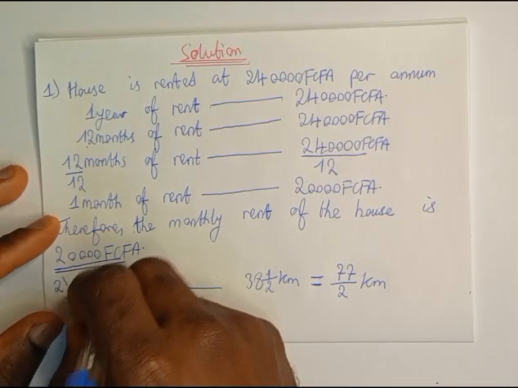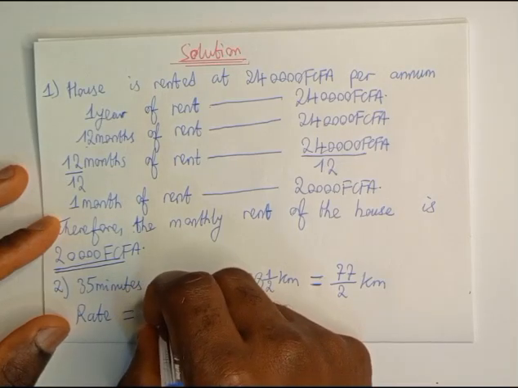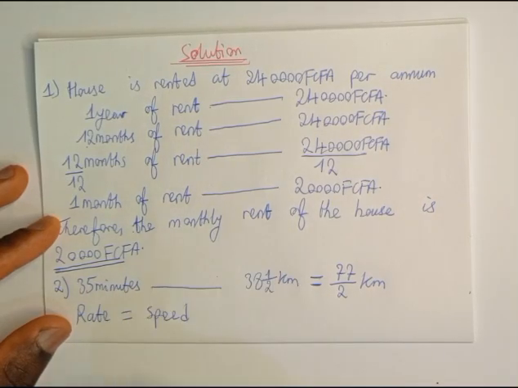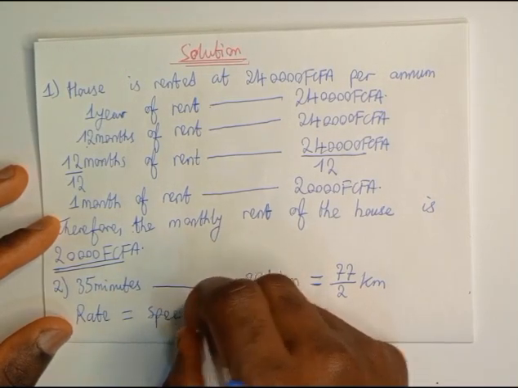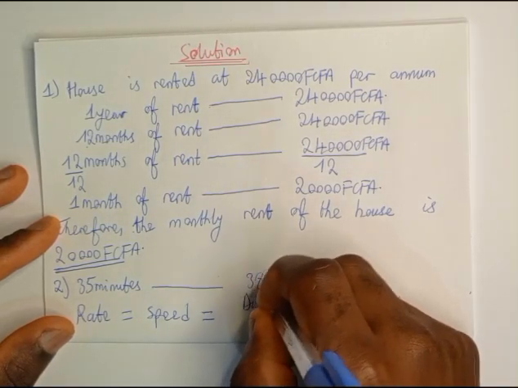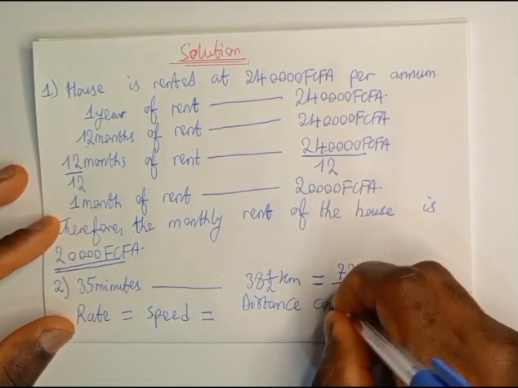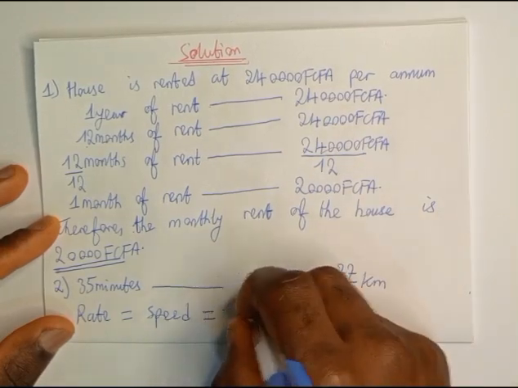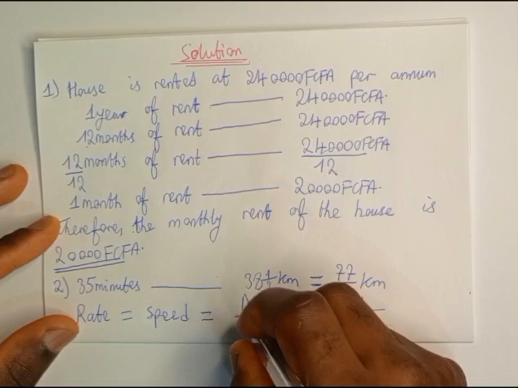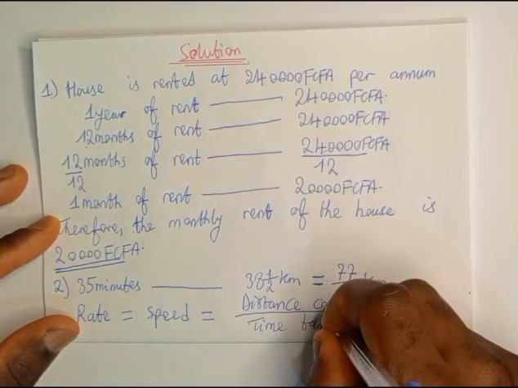In this question, the rate is equal to the speed. Speed is simply equal to the distance covered all over the time taken.